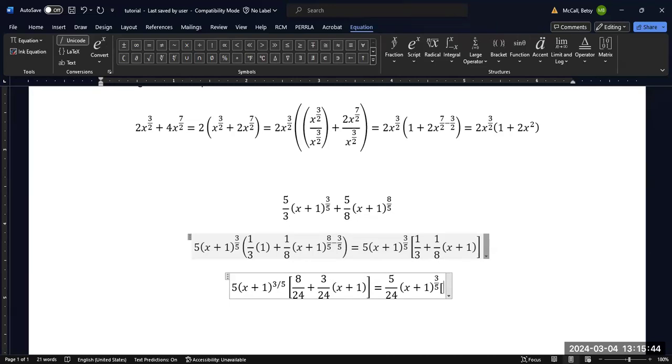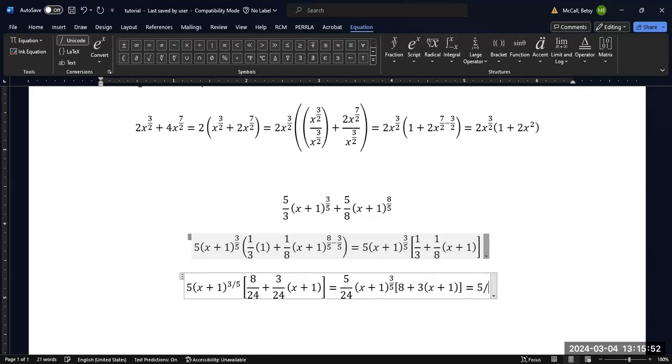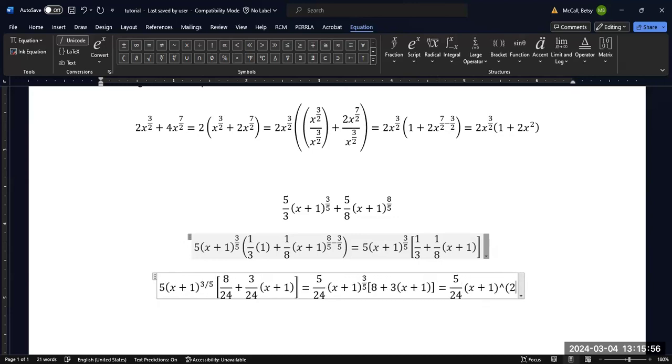And then what would be left behind would be our 8 plus 3 times x plus 1, which we could then further simplify. Oops, that's a 3, not a 2.